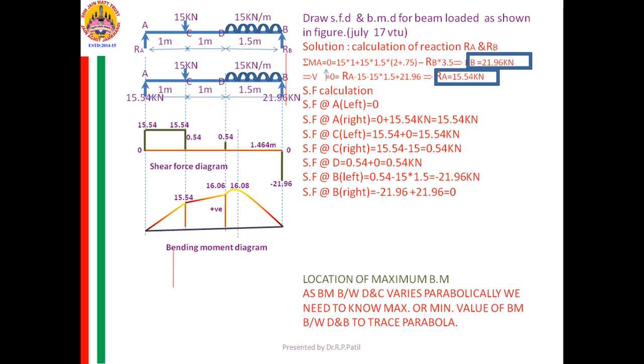Again, see the load in the part CD. If there is no load, here you need to join it by means of a straight line. Just join it by means of a straight line. Means everywhere, if you calculate it, you will get the value equal to 0.54 is the meaning of it.